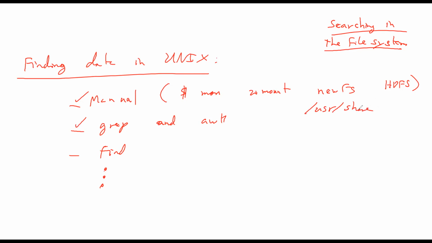This varies from operating system to operating system, but generically for Unix it would be somewhere there. All right, now we are ready. Let's move on to grep and awk.